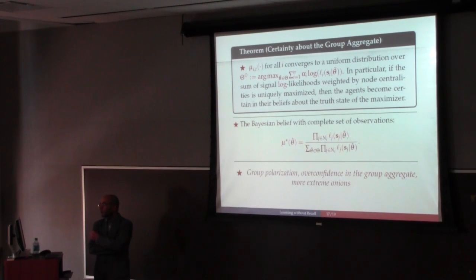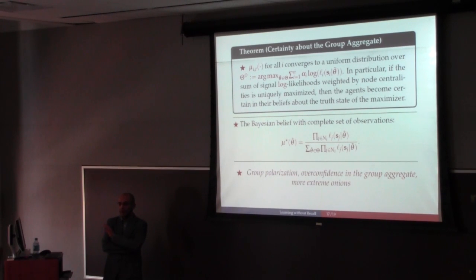First of all, these likelihoods are weighted, and the weights are coming from the left eigenvector corresponding to the spectral radius. It is sometimes called the centrality of the agents. The weights come from the location of the agents, how central they are.